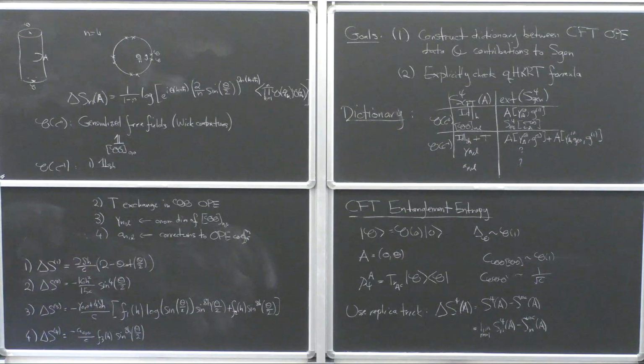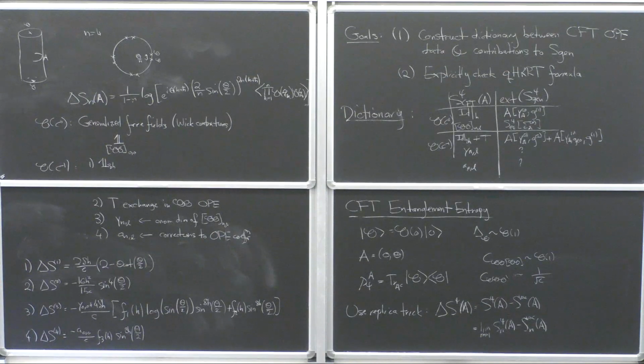Okay, so you can compute these explicitly in the CFT, and so now you have an explicit answer for the left-hand side of the formula, which I erased, for the quantum HRT formula. Can we actually compute this in the bulk by extremizing the generalized entropy and get a match?